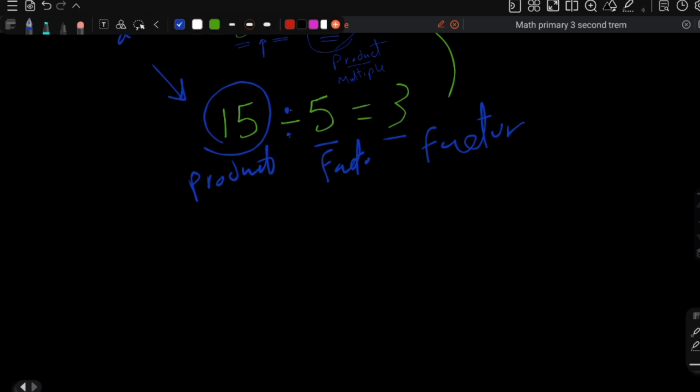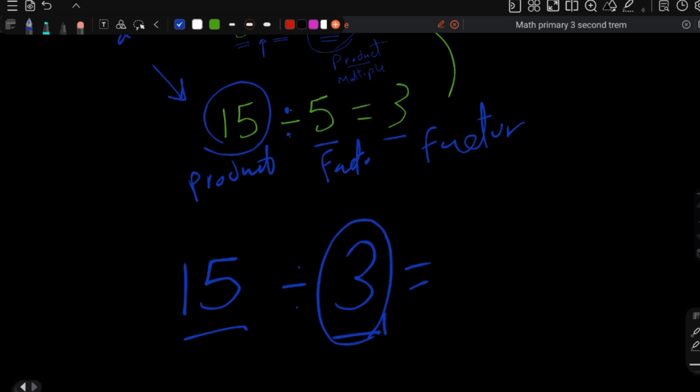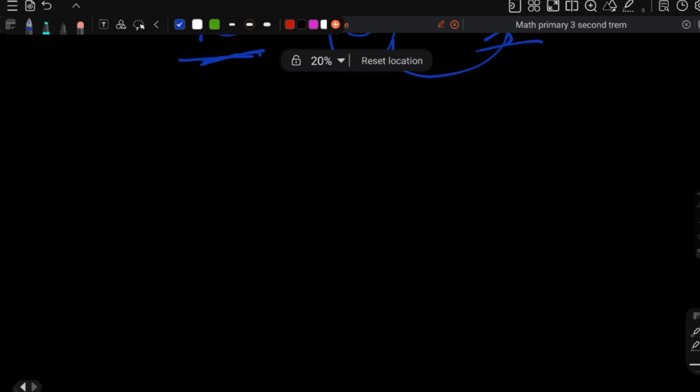So if I give you an example, 15 divided by 3, for example, 15 as a product divided by 3 as a factor gives me another factor. So I will ask you 3 times what number gives me 15? Yeah, it's 5. So product divided by factor equals what? Equals factor.